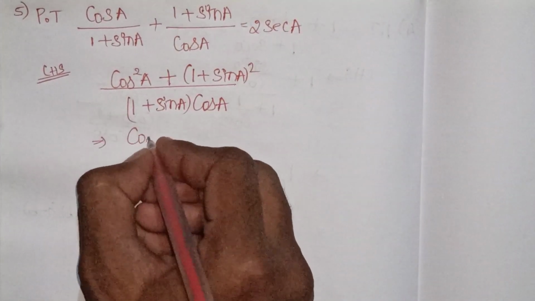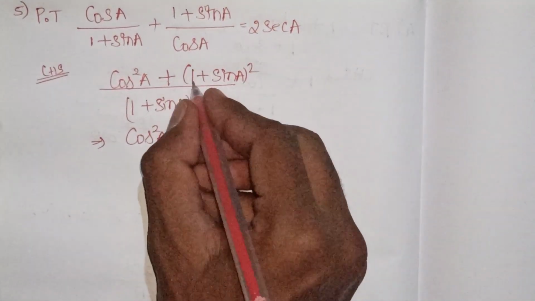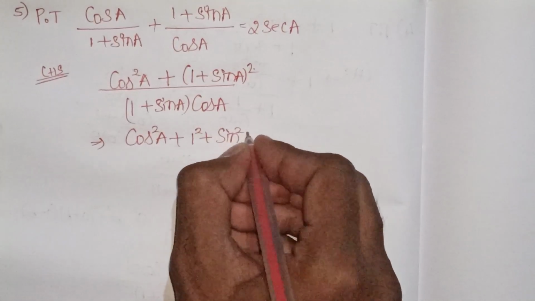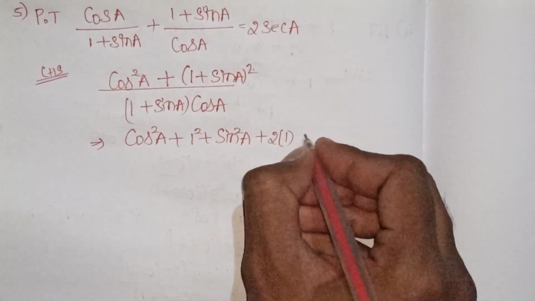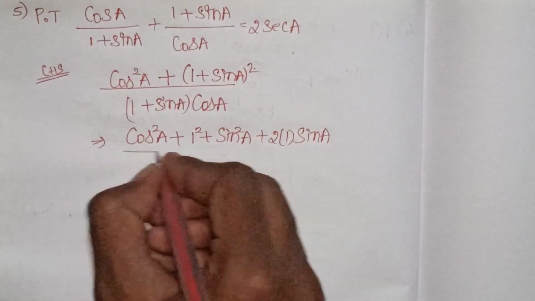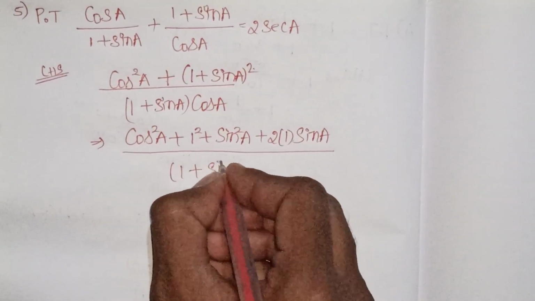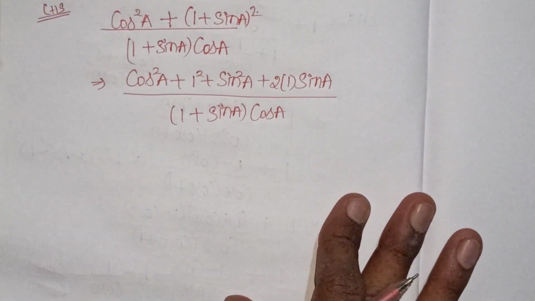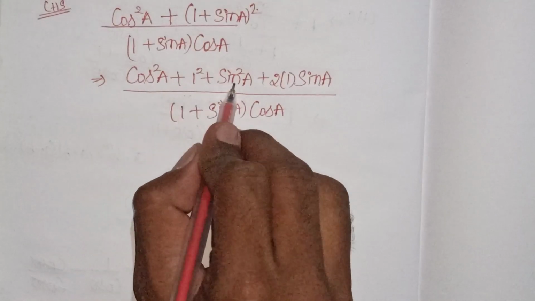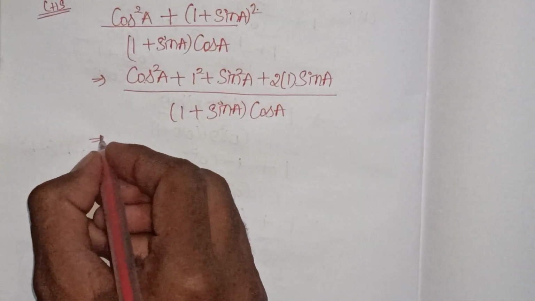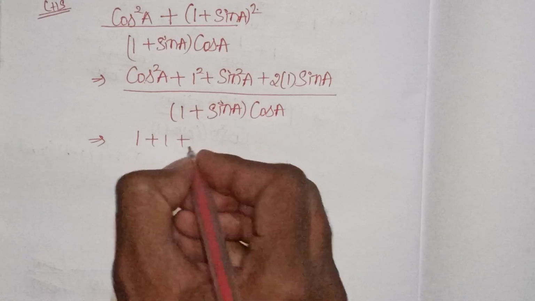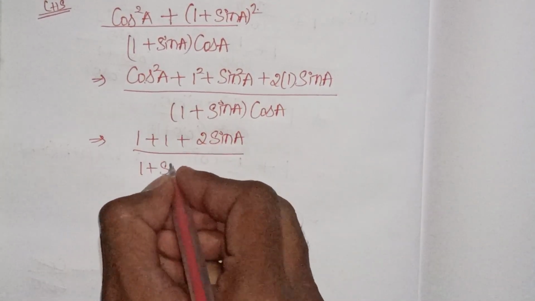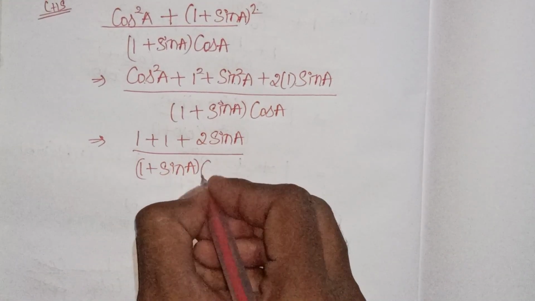And in the numerator, cos²A can be written the same, but (a + b) whole squared is a² + b² + 2ab, and in the denominator (1 + sinA) into cosA. Now cos²A + sin²A will be equal to 1 by the trigonometric identity. 1 + 1, two ones are 2, so 2 + 2sinA divided by (1 + sinA) into cosA.